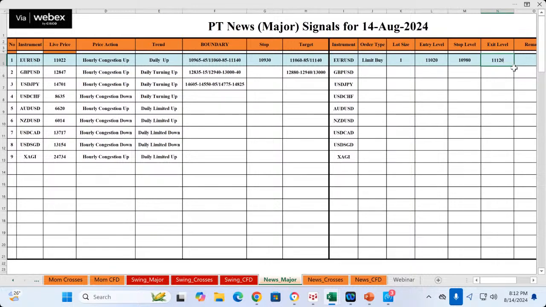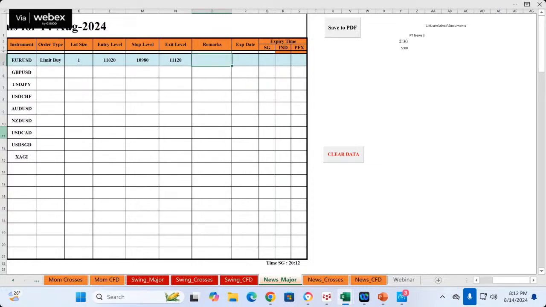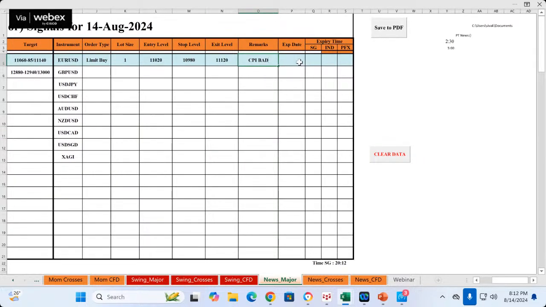Okay, so now the next thing is, in the remarks we need to say CPI bad. Okay, CPI bad. And for the expiry, you just put 1 hour. Let me see.